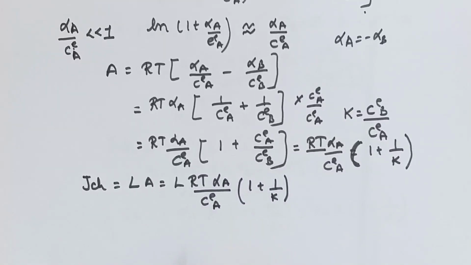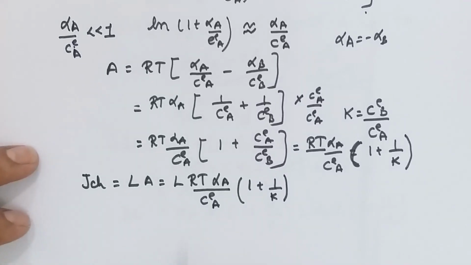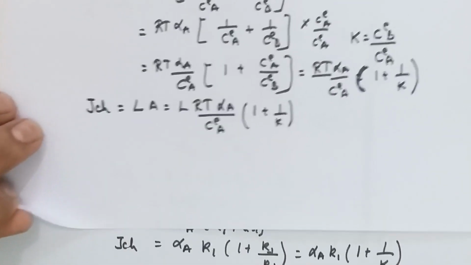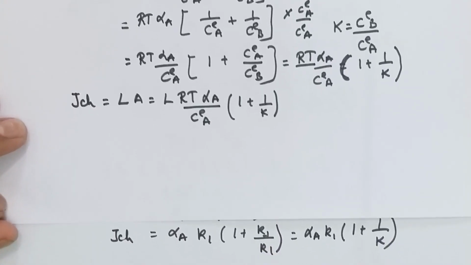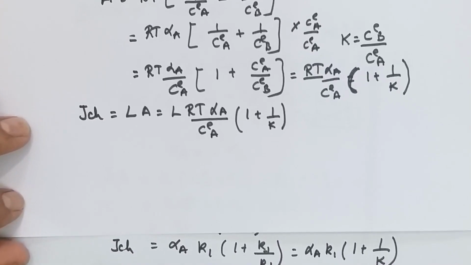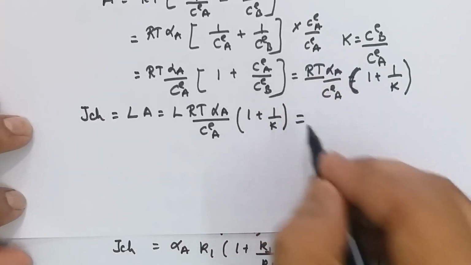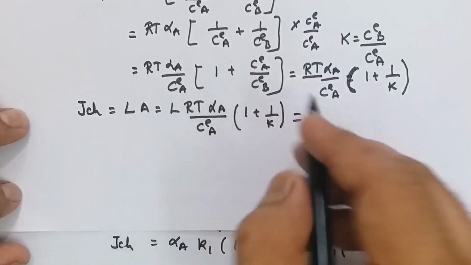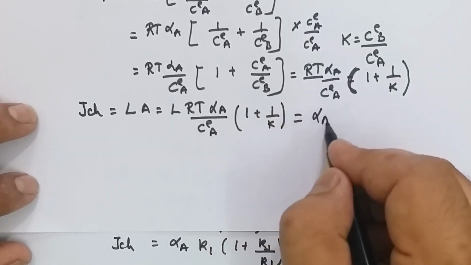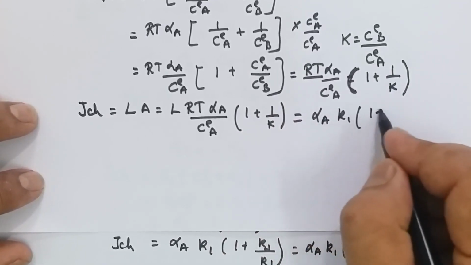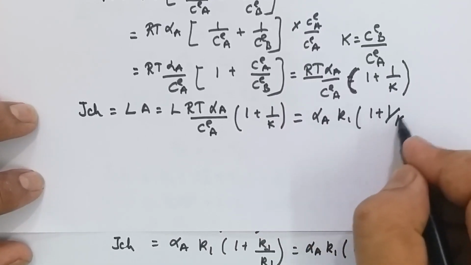So this is the expression of the rate thermodynamically, and when we compare it with the expression which we got kinetically, we can write it equal to alpha A into K1 into (1 plus 1 upon K).